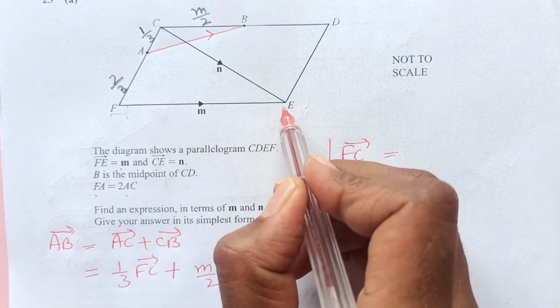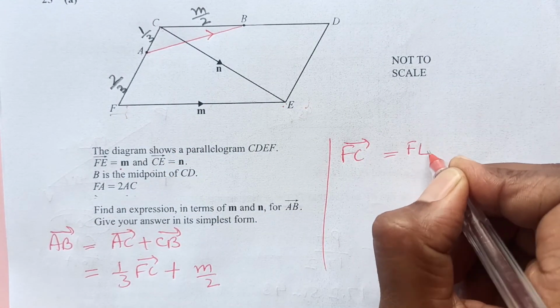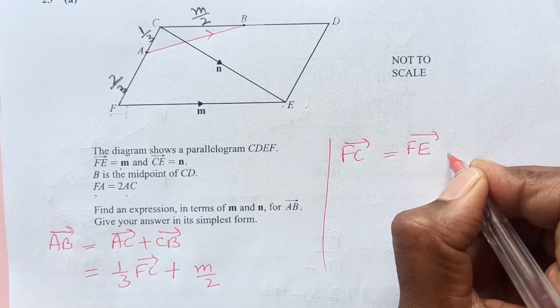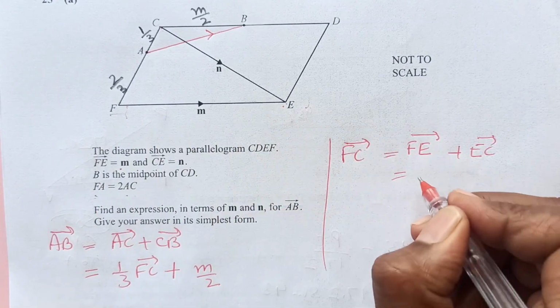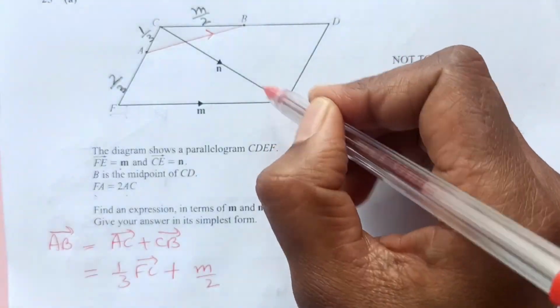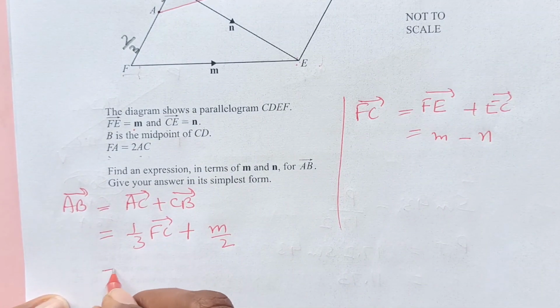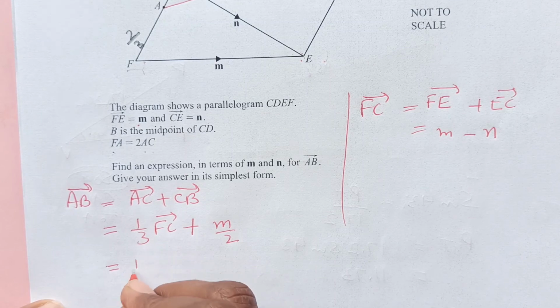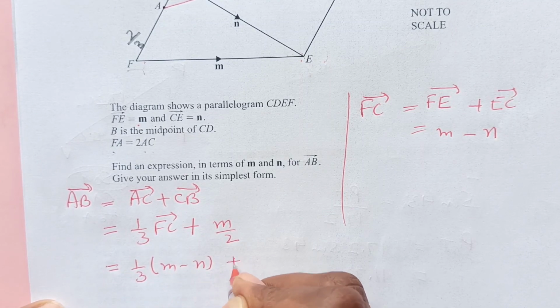FC is going to be FE plus EC. FE is minus m, and EC is n, so this is going to be FC equals minus m plus n.